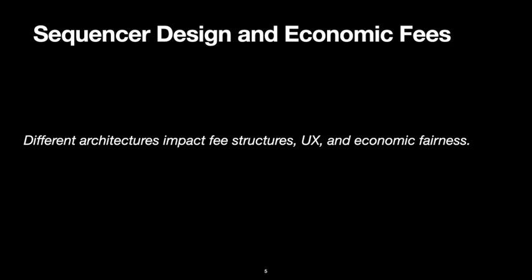Now, the really interesting parts about the economics of running a sequencer is that now that you have basically separated the security of the underlying L1 from the execution environment, you now have opened up a design space of different types of economic instruments, like derivatives, that could be used to run a sequencer.